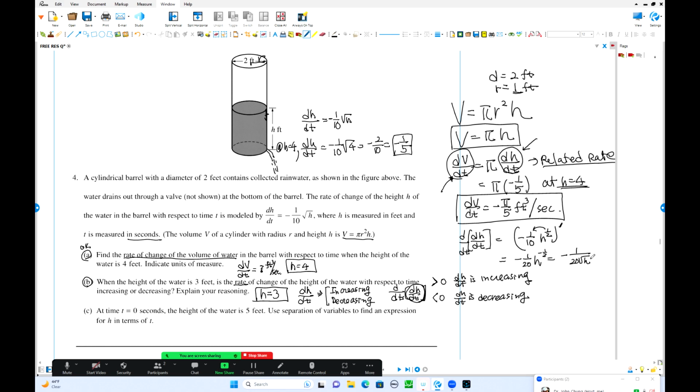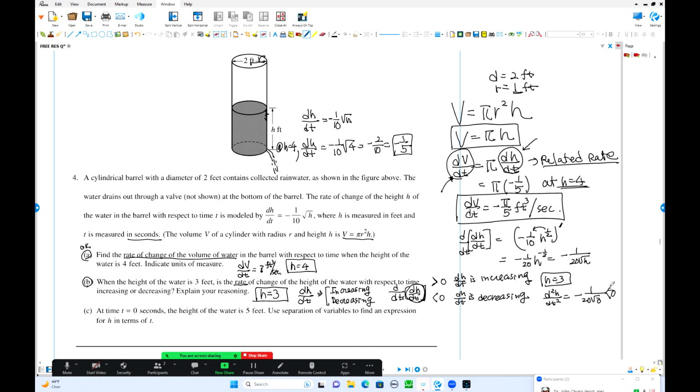Now we find this situation at h equals 3. Put the number 3 there. The second derivative d²h/dt² equals negative 1 over 20 square root 3. It is negative, less than 0.